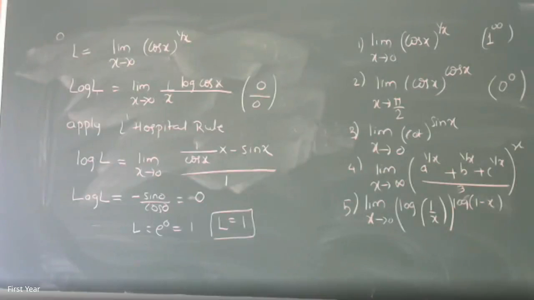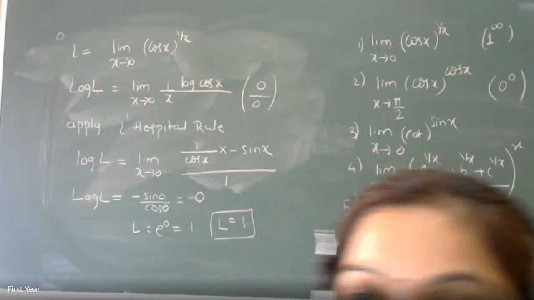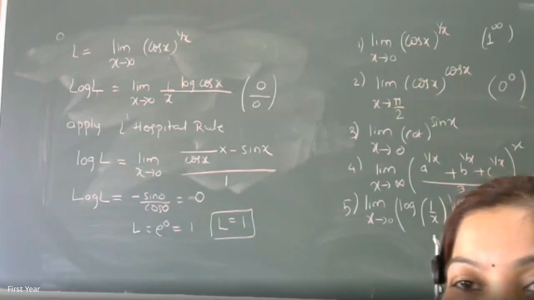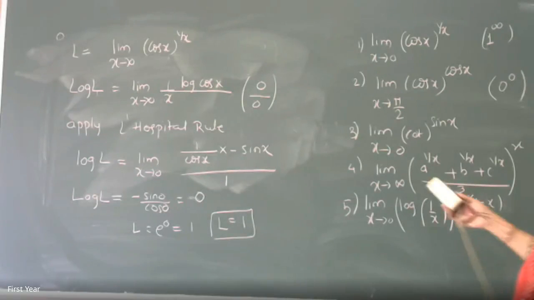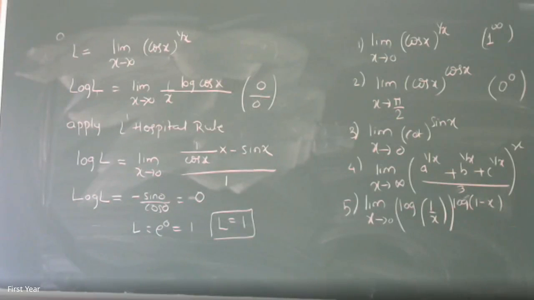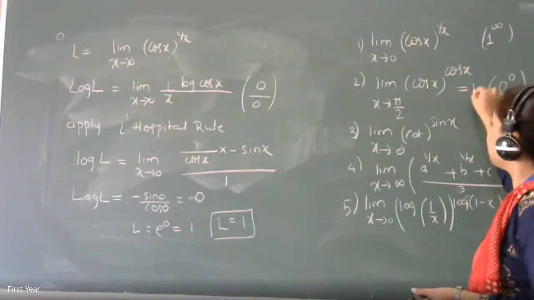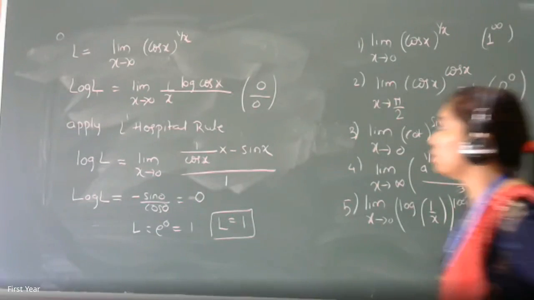Please put it in the chat box, everyone. Please solve it and write it as 1. Then go for the second one, third one. The answer of the second question is 1. If anybody is not getting it, please tell, I'll solve it.